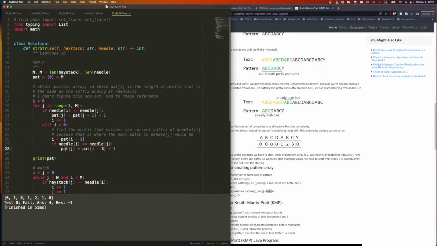So I and J, right? They're not matching, they're mismatch. So when they mismatch, we go I minus 1. Then we find the length, right? So we go to I becomes here. So that is the length, right?